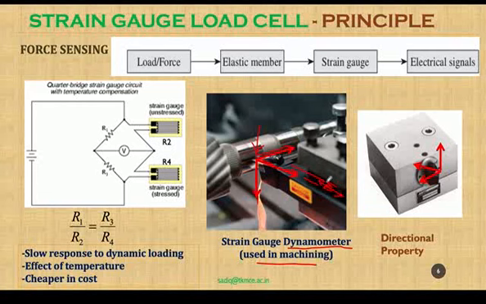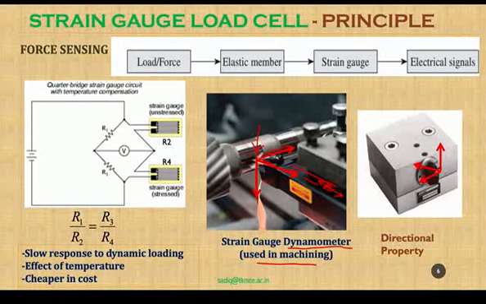So the change in strain happening for this element is an indication of the force that is happening on this. That means if you want to sense force in this direction, there should be a strain gauge aligned inside the dynamometer in this direction.